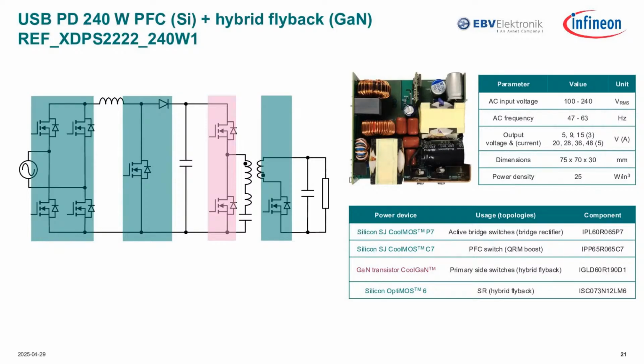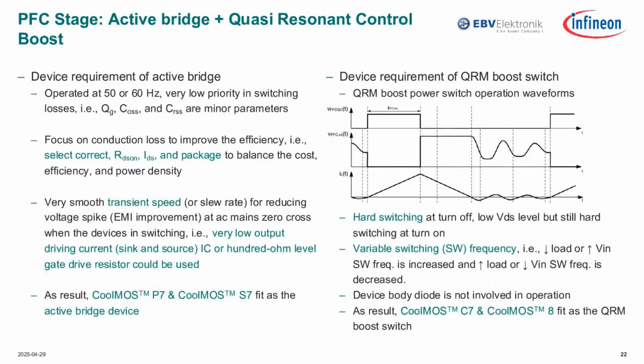Let me explain in more detail why we use different devices in different positions of our USB PD design. First of all is the active bridge in front of the PFC stage. For that active bridge, we are only looking for very low RDS(on).